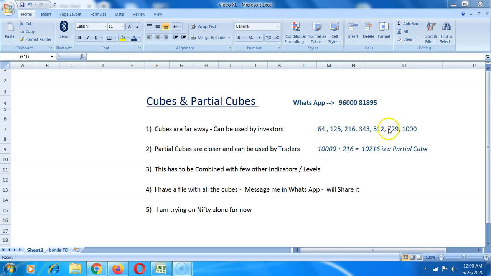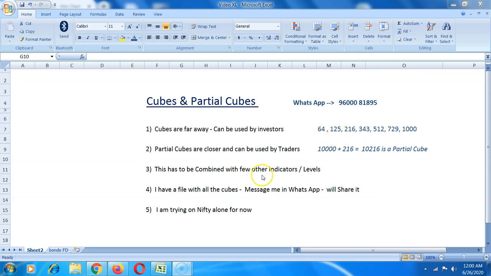So 10,729 is probably the most important level to watch in this sequence of partial cube numbers. 10,512 will be the next most important, then 10,343 and then 216, on the way down.